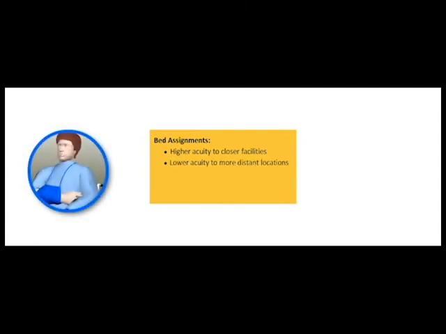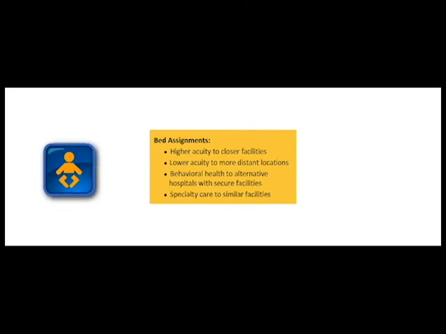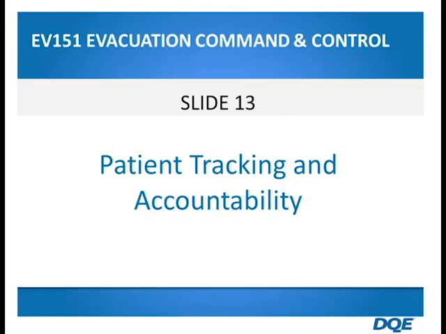Patients with lower acuity, particularly walking and wheelchair mobility, are sent to more distant locations. Behavioral health and forensic patients are primarily sent to alternate hospitals with suitable secure facilities. Specialty care, like trauma, burn, oncology, pediatric, infant, and neonatal patients are primarily sent to similar facilities to continue their care regimen.